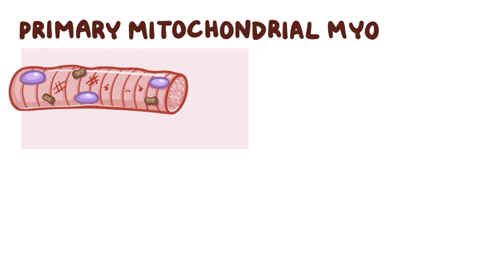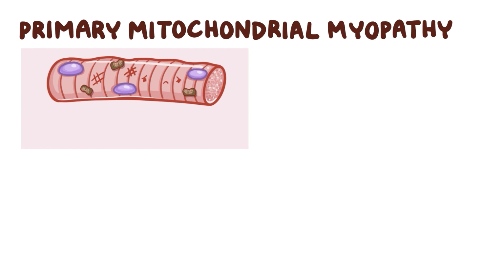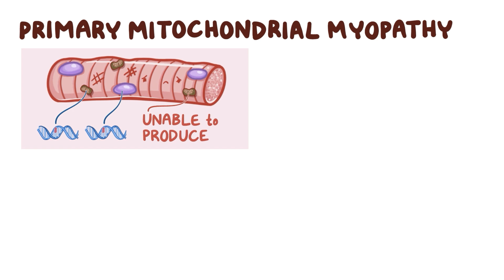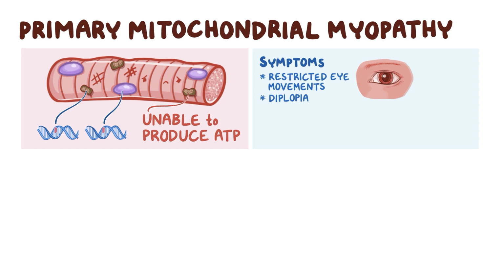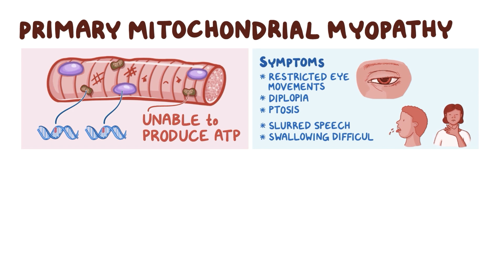Alright, as a quick recap, primary mitochondrial myopathy is a genetic disorder caused by mutations in the mitochondrial or nuclear DNA, which results in the inability of muscle cells to produce enough ATP. Common symptoms include restricted eye movements, diplopia, ptosis, slurred speech, swallowing difficulty, muscle weakness and wasting, and respiratory failure.